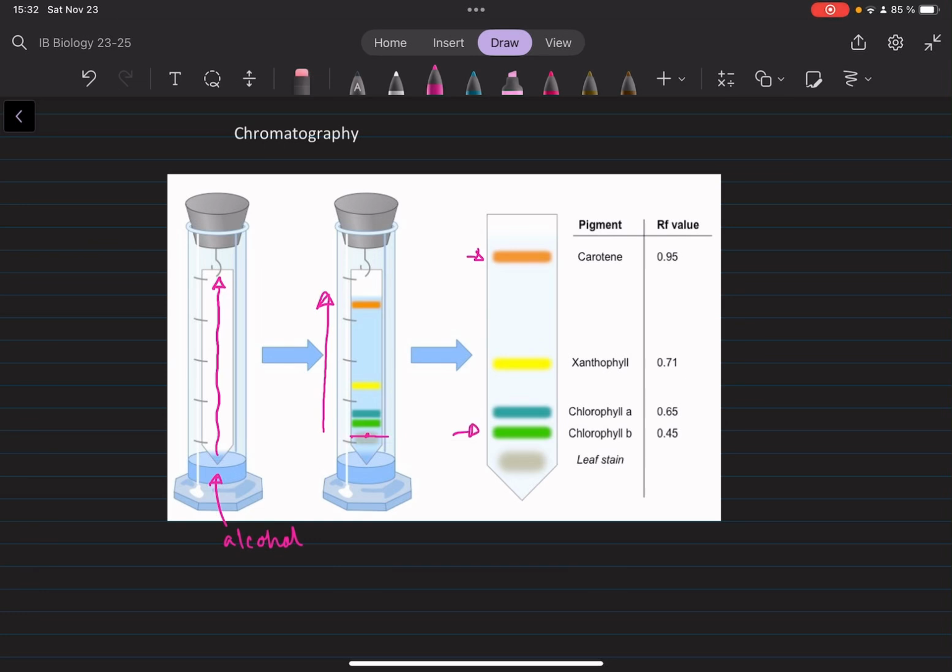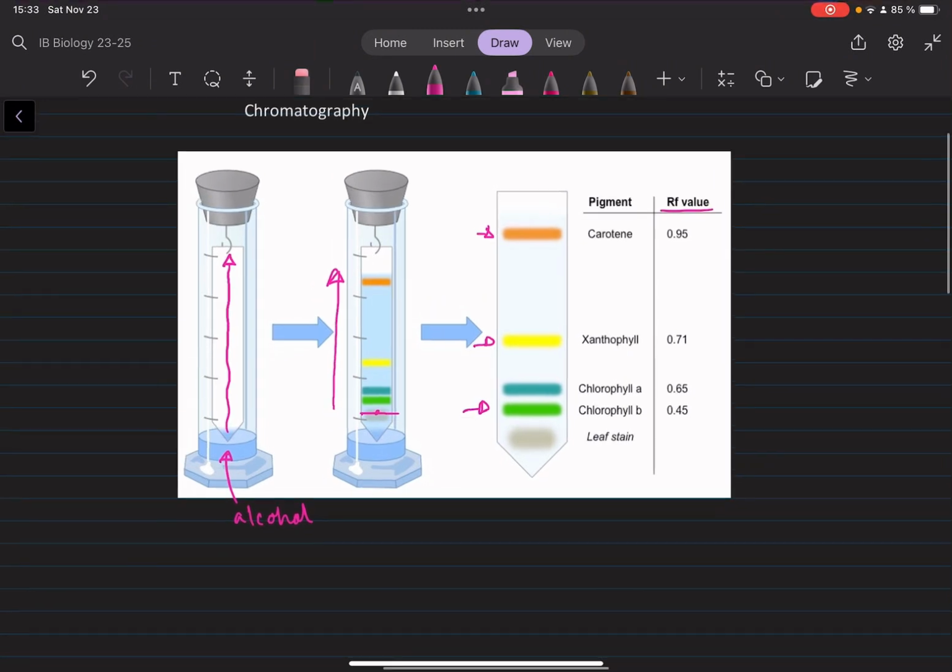And xanthophyll dissolves in the solvent less than carotene does as well. Depending on how far it moves, you can find the RF value. The RF value is the retardation factor, and you can use it to calculate how far the pigment can move with the solvent.